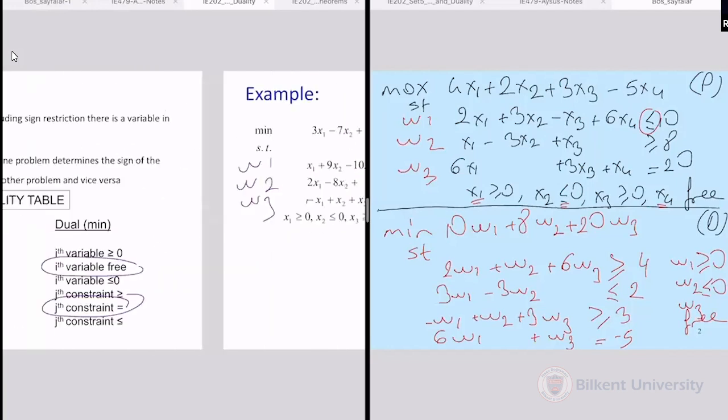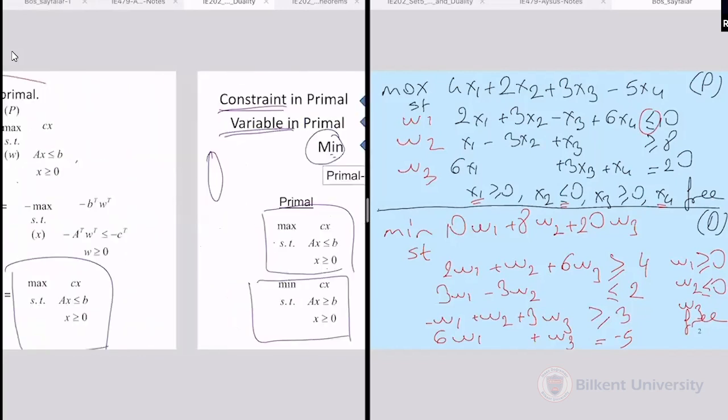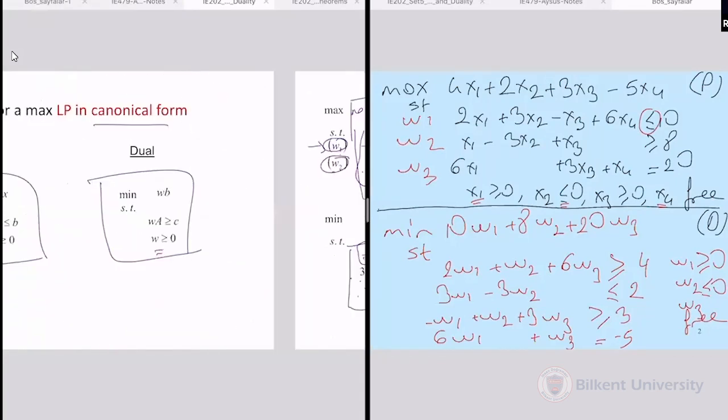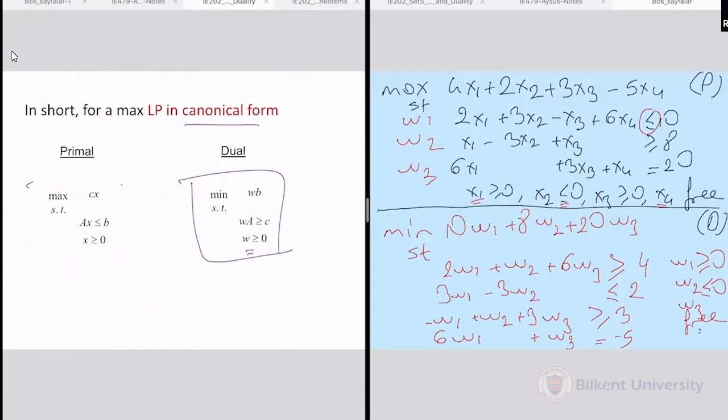Let me bring a nice canonical form here. Look at these canonical forms, all right? This is what I always want to see. Maximize Cx subject to Ax less than or equal to B, and minimize W subject to WA greater than or equal to C, okay? So the W1 in here is corresponding to the first constraint.